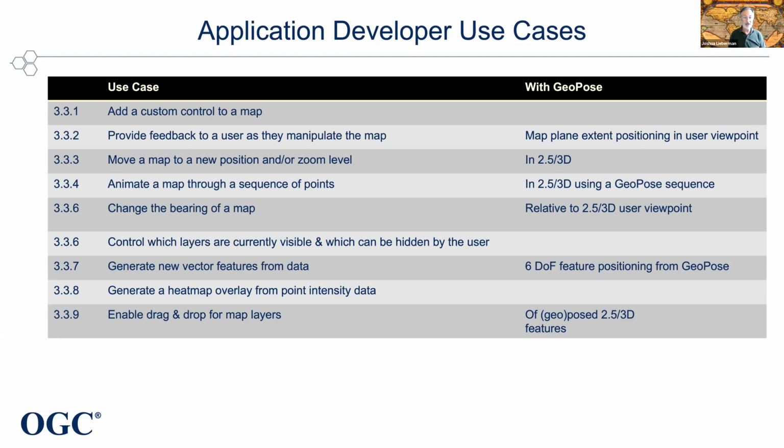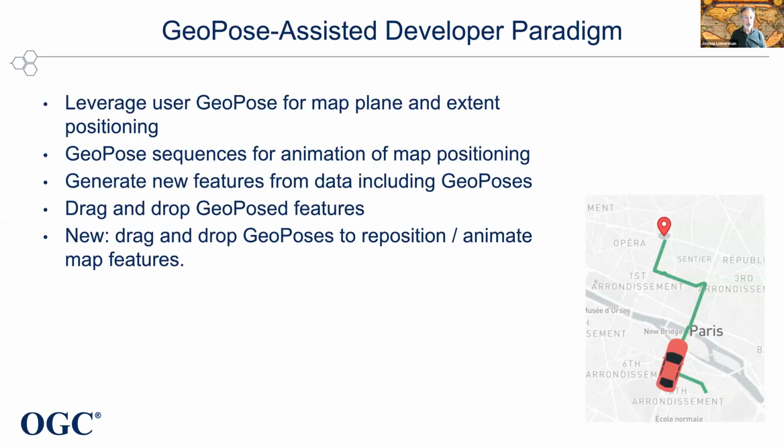You know, this is where it is now. And have the map update according to input of these new GeoPoses or GeoPose sequences. So leveraging the user GeoPose, using GeoPose sequences for animation, generating new features from data including GeoPoses, or even GeoPoses linked to features already there.